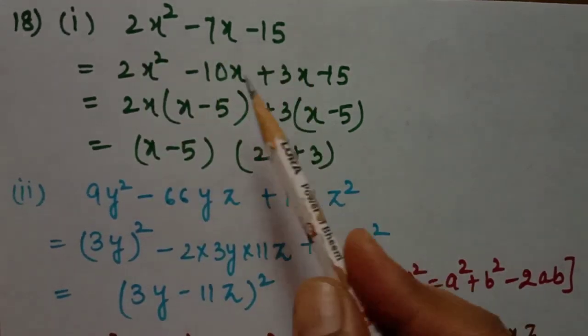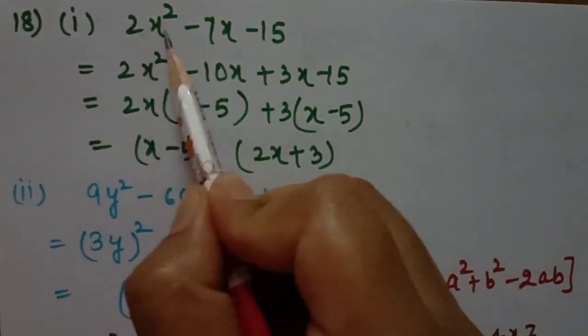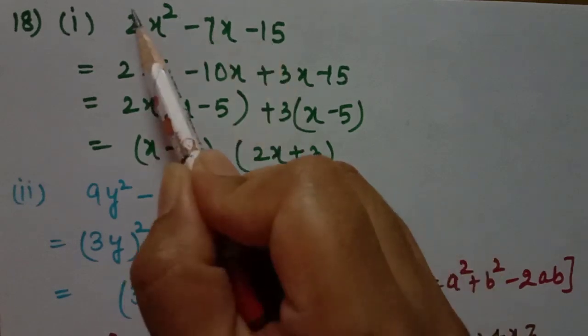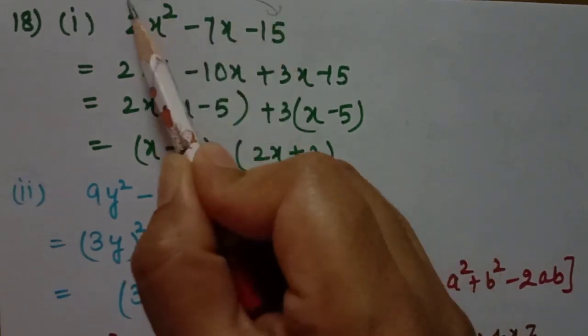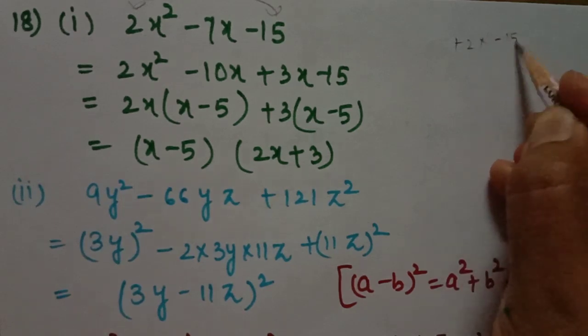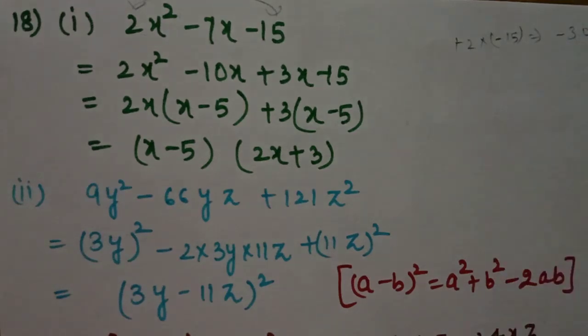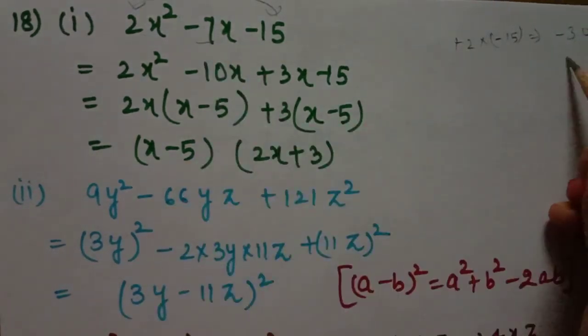So what was the rule of middle term splitting? We have to multiply the x square coefficient and the constant number with sign. So we have to multiply these two numbers. So plus 2 and minus 15, it is minus 30. Then we have the middle number.